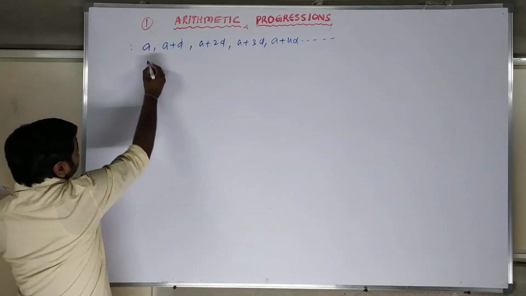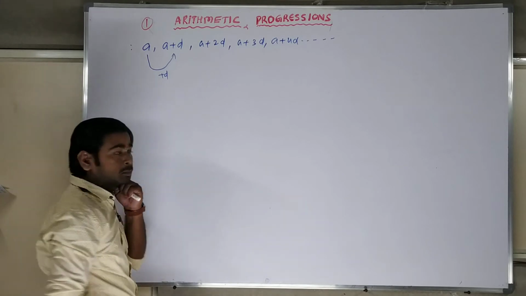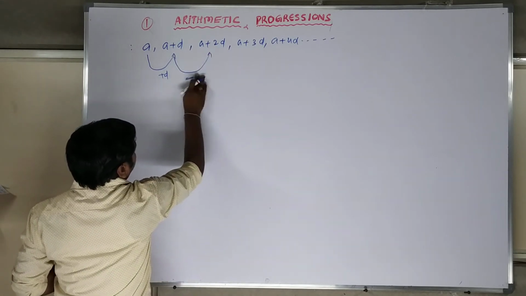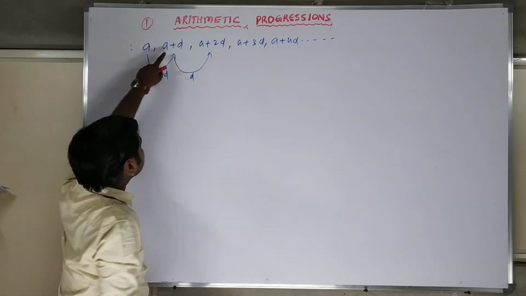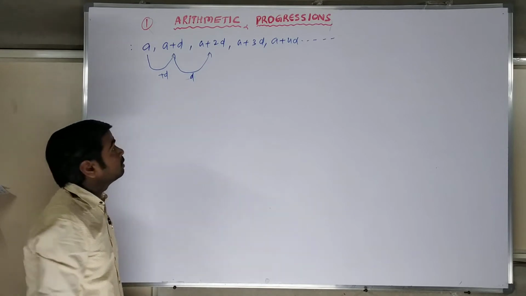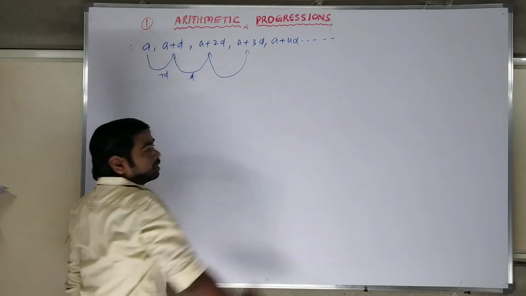Let us see how you are getting this. To the second number, a plus d, you add d, and you get a plus 2d. After this, a plus 2d plus d, you get a plus 3d.